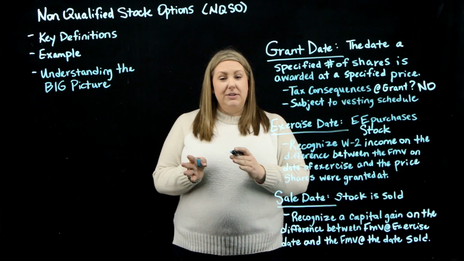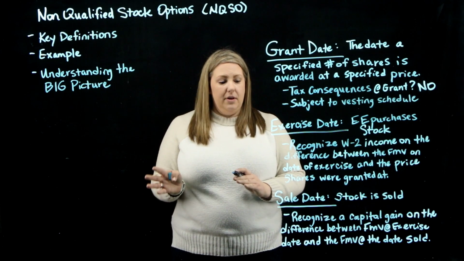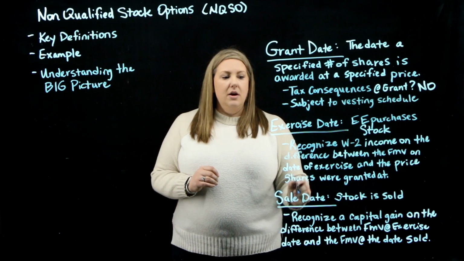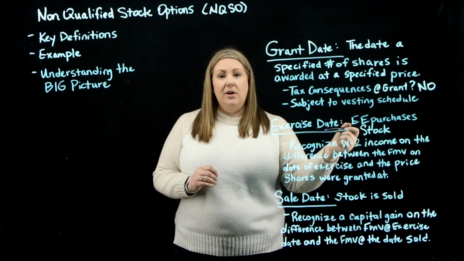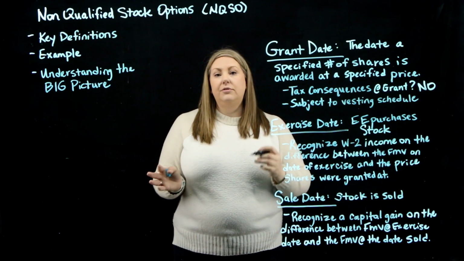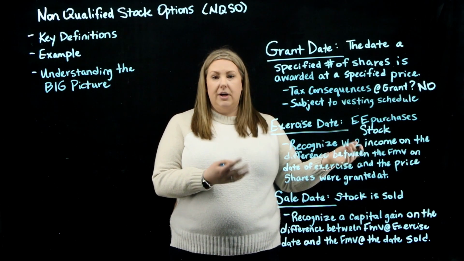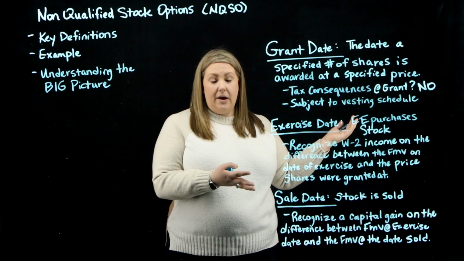Now the last piece, or the last definition we just want to understand before we go through this example, is the sale date. So you've purchased the shares from your employer that they said you could have, and now sometime in the future, you've decided, you know what, I actually want to sell these shares to take my money and do something else with it.